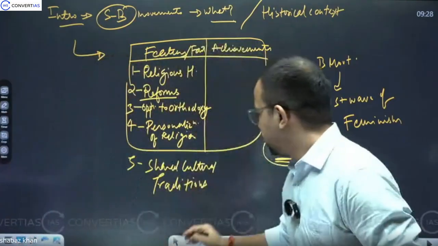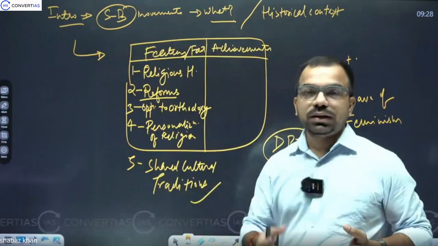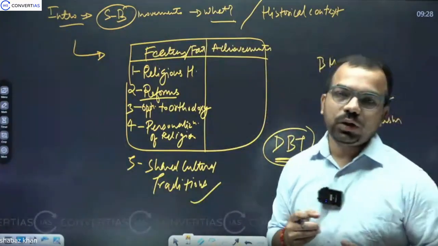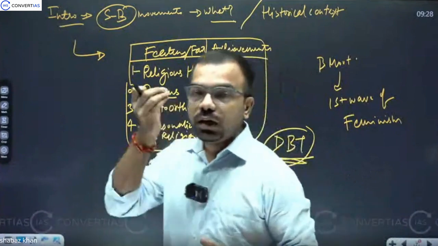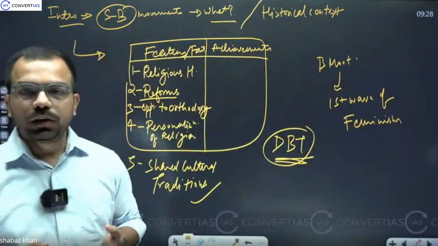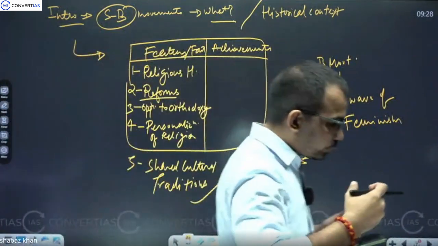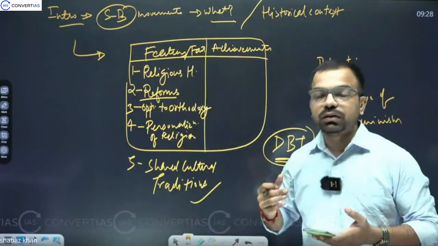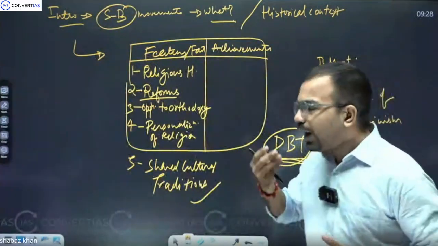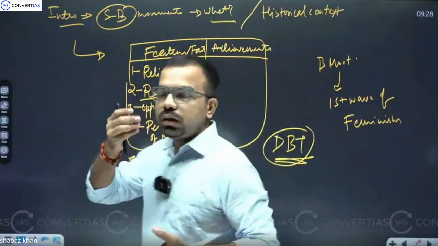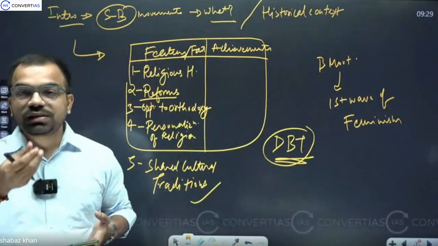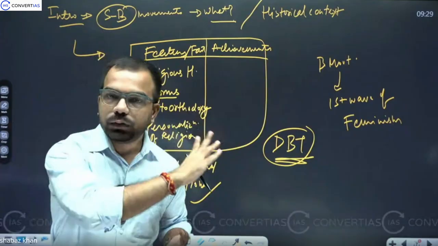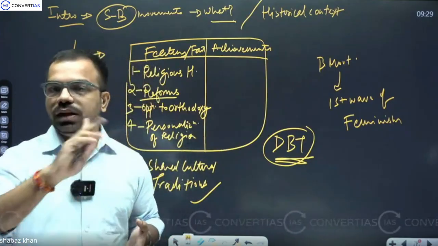Shared cultural traditions, that Ganga Jamuni Tehzeeb, that Indo-Islamic culture and architecture, that Sarv Dharma Sambhav that we talk about, all come from the socio-religious reformist movements sown by the Bhakti and Sufi movements.